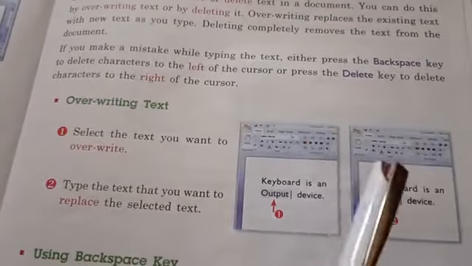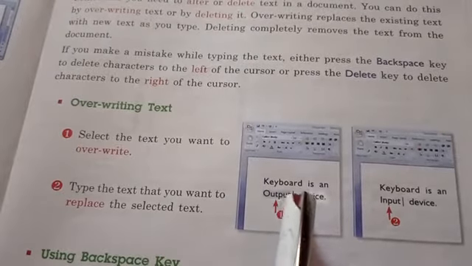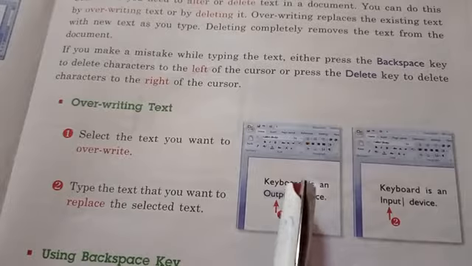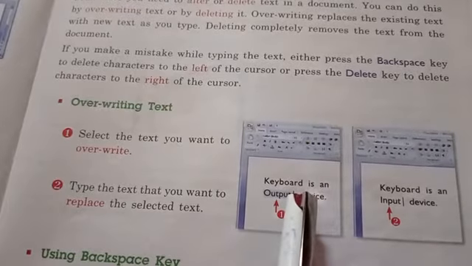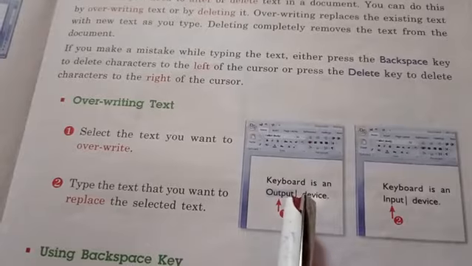Students, suppose here "output" is written. You have typed output, you want to remove the T, and your cursor is after the T. To remove this T, you will use backspace.